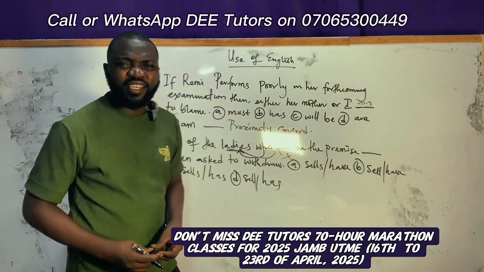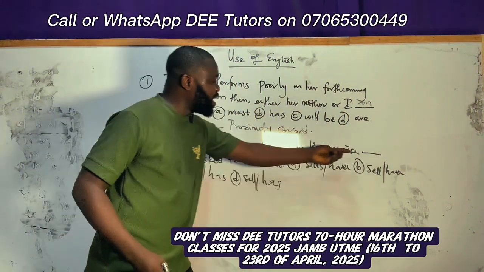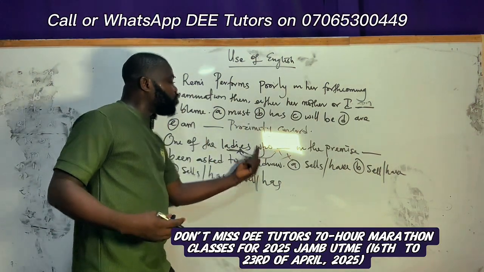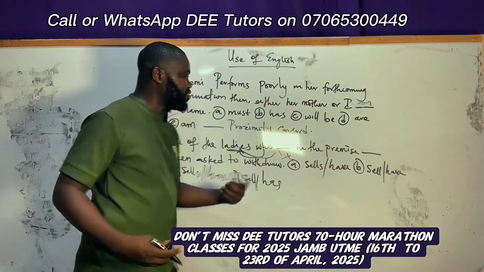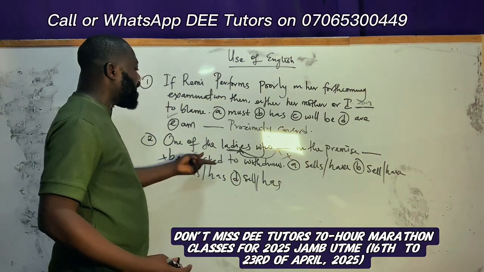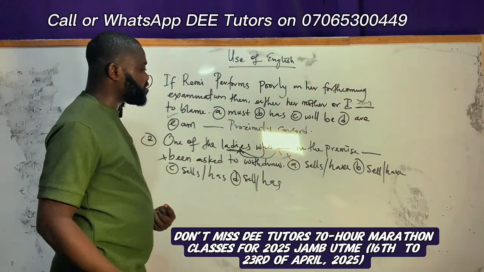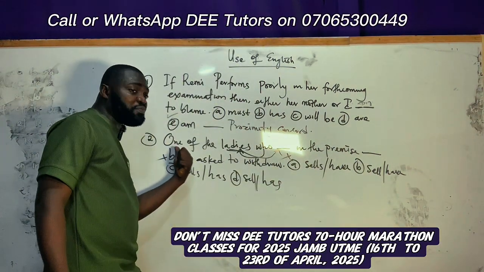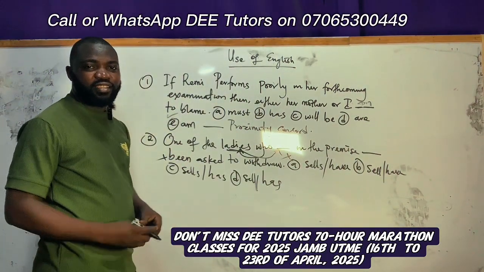What is going to determine the verb to be used for the second part to be filled? Now, one of the ladies who cell in the premise dash being asked to withdraw. The second verb here will be determined by the number at the beginning of the sentence.